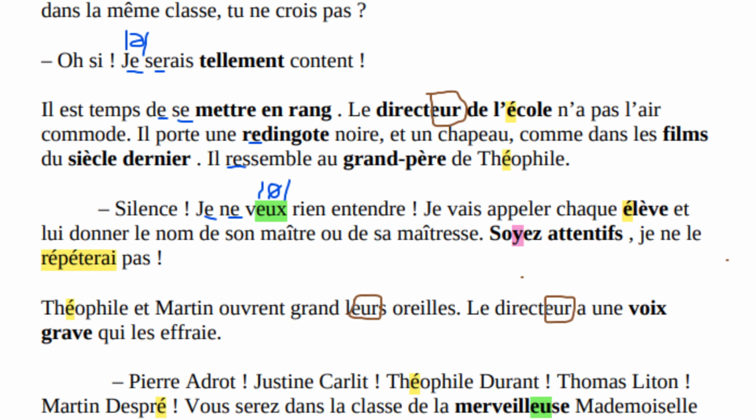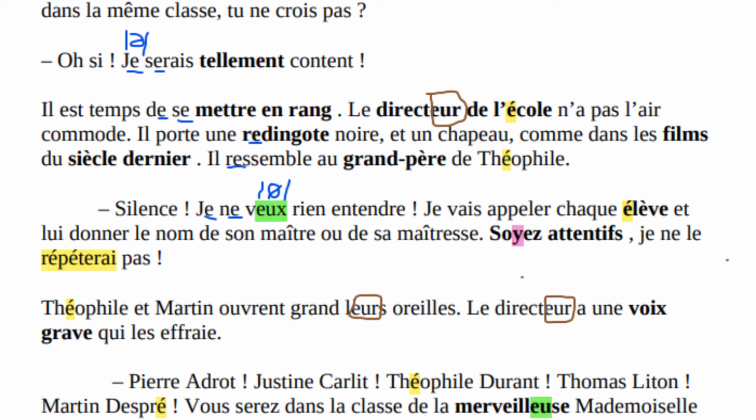Silence, je ne veux rien entendre. So for our je, we have our E sound, je can hear the E sound. Our ne as well, we have the E sound. And for our veux as well, we have the E sound. So we have je ne veux rien entendre. Je vais appeler chaque élève.